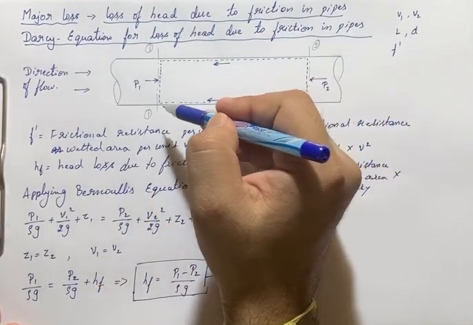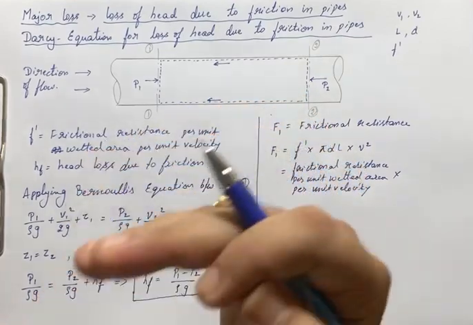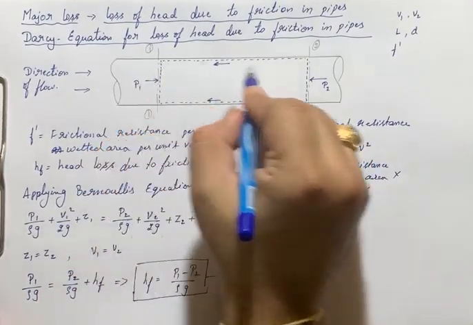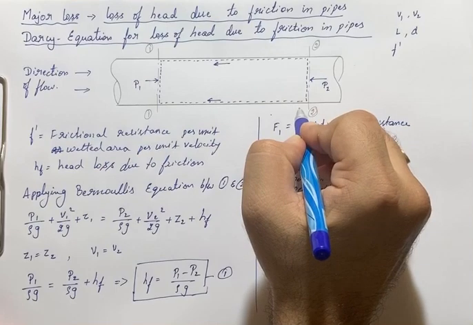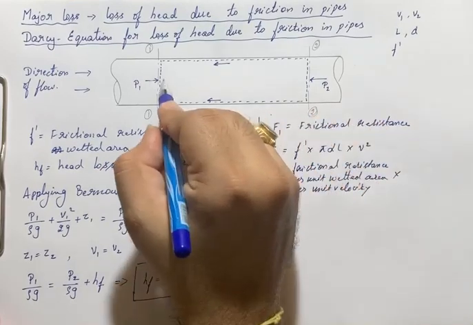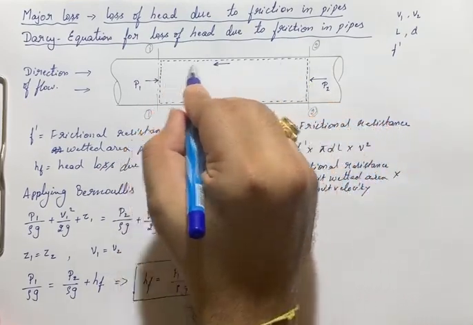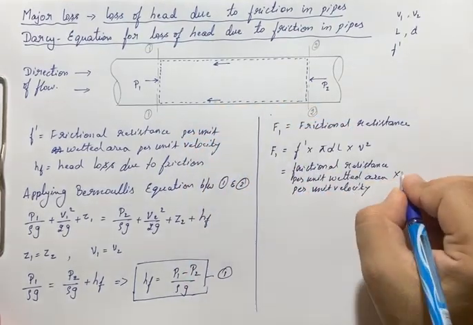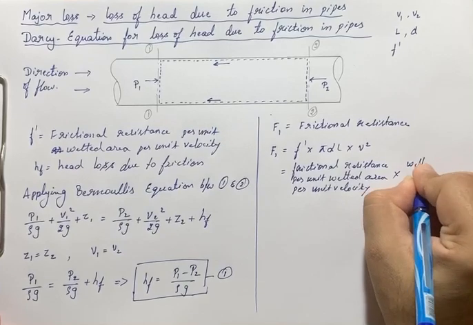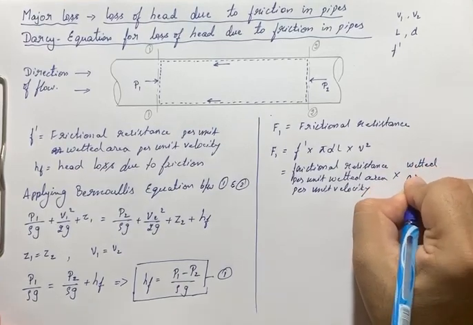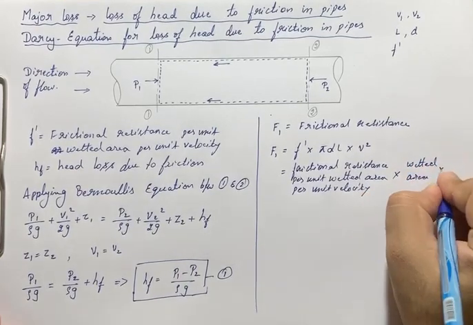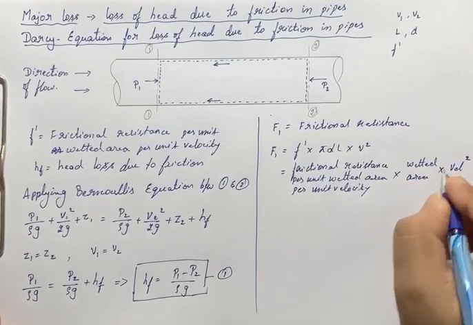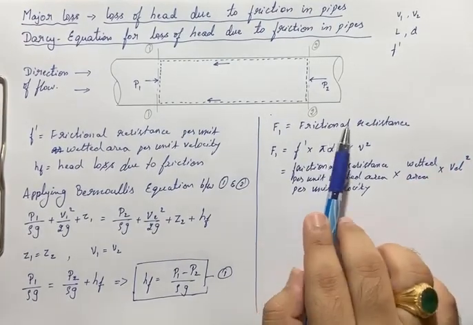Wetted area means the surface which is in contact with the fluid. Here in this pipe, the surface which is in contact with the fluid is the circumferential area. Circumferential area is nothing but the wetted area here, into velocity square. This is the frictional resistance.